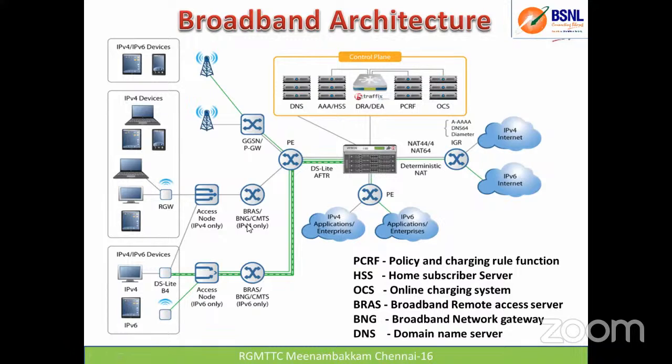The main function is that it provides layer 2 connectivity and layer 3 connectivity. Layer 2 connectivity means it acts as a transparent bridge between the access node and the provider edge router. If it acts as layer 3 connectivity, it regulates the IP traffic through the ISP network to the internet.